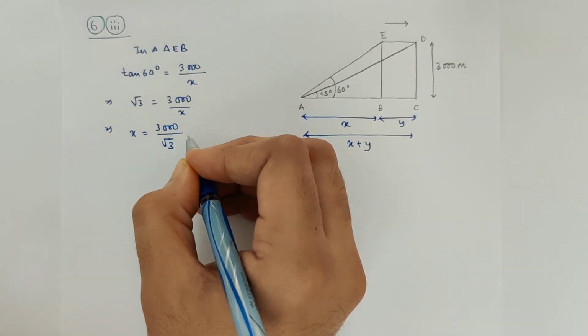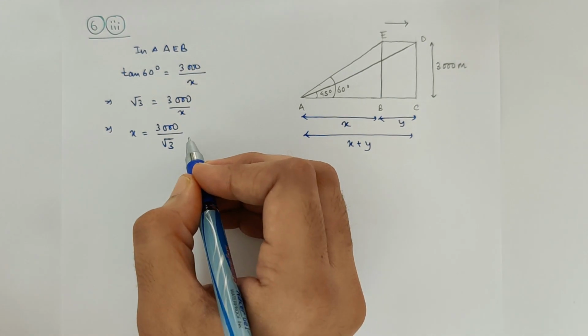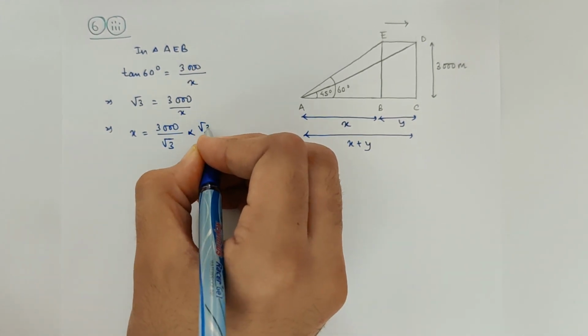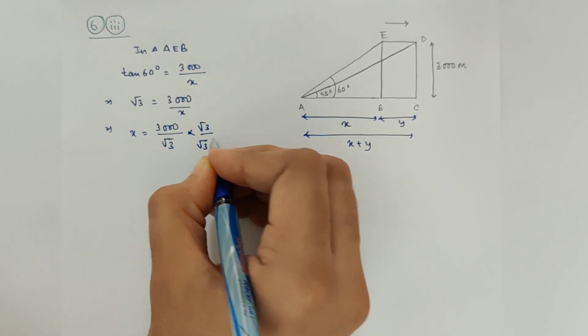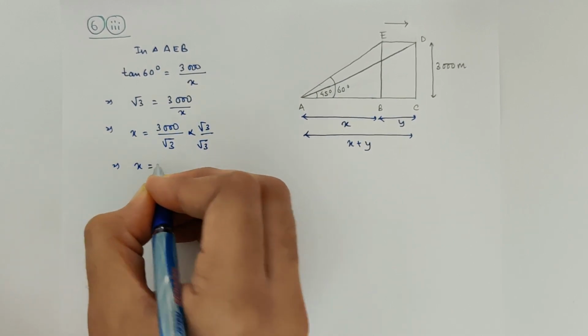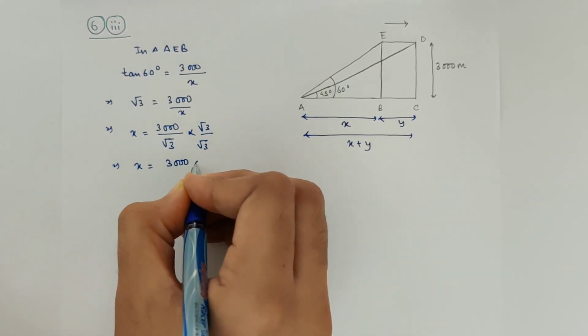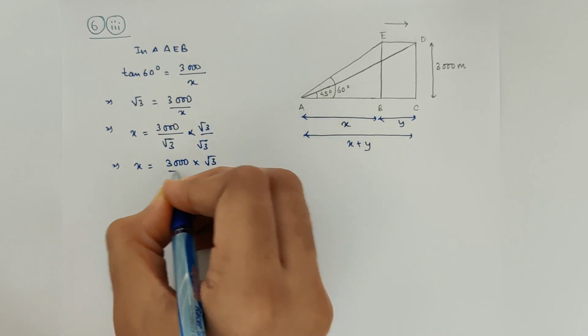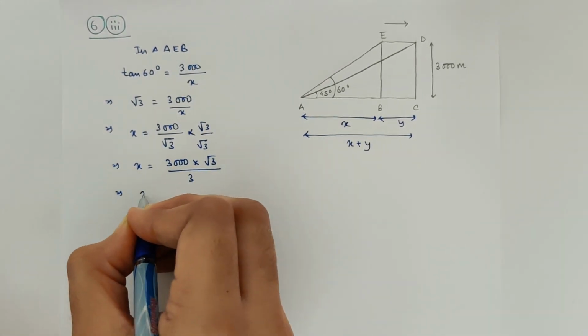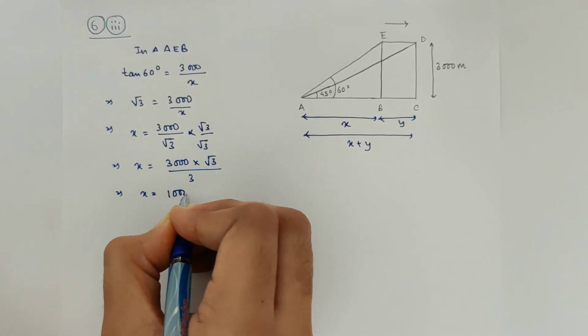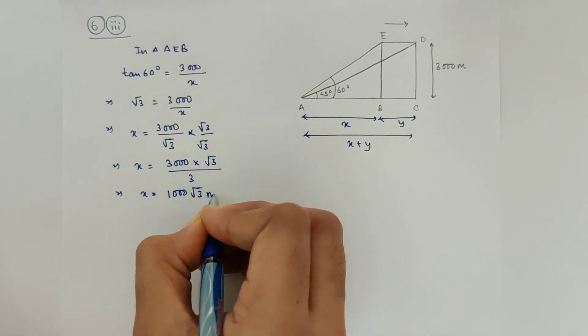So we will rationalize it, multiplying both numerator and denominator by root 3. So what do we get? X is equal to 3000 into root 3 divided by 3. So we get x is equal to 1000 root 3 meter.